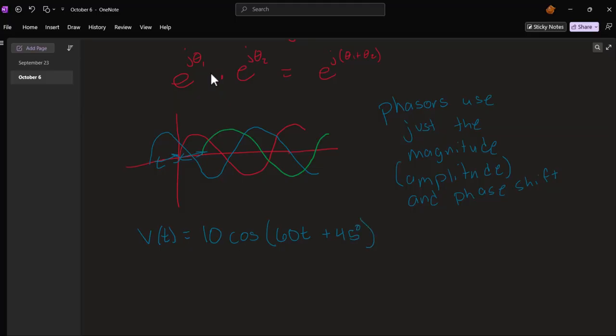First of all, it's always been kind of weird to me that this is how it's done in electrical engineering, but this is in radians, but this is in degrees. And this is the phase shift. And the number in front of the t is called the angular frequency.